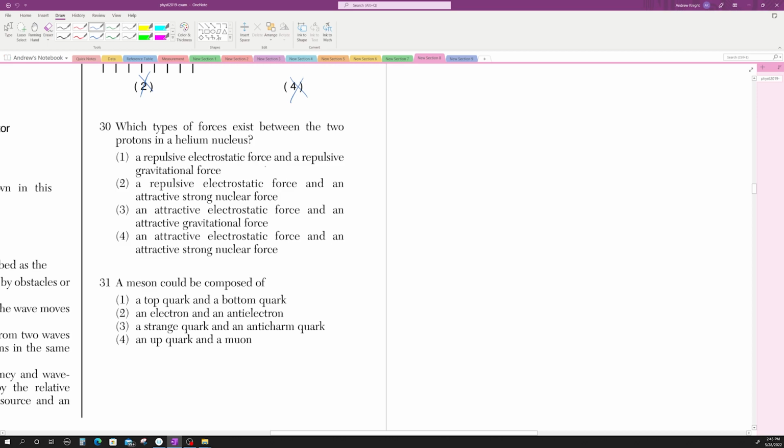Question number 30. We're talking about forces that exist in the nucleus. The forces that exist in the nucleus are going to be the strong nuclear force. And if we think about the nucleus, where we have protons inside of that nucleus, those protons don't want to be there.